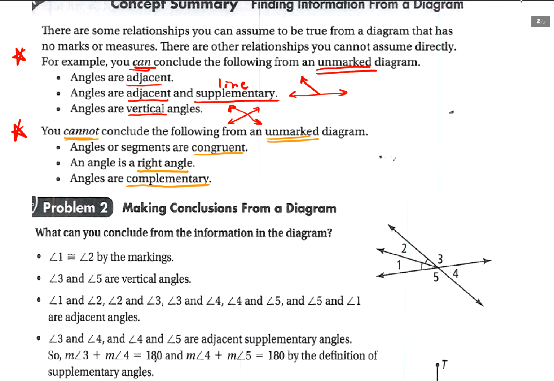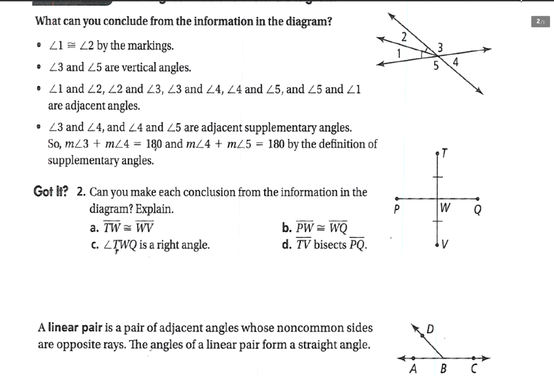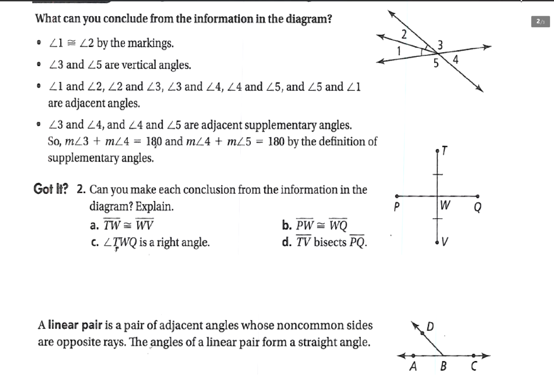Okay, let's look at some examples of this. What can we conclude from the diagram? We can conclude that angle 1 and angle 2 are congruent. How come? Because they're marked. Those markings right there say those two angles are congruent. Simple little markings. We can conclude that angle 3 and angle 5 are vertical angles.